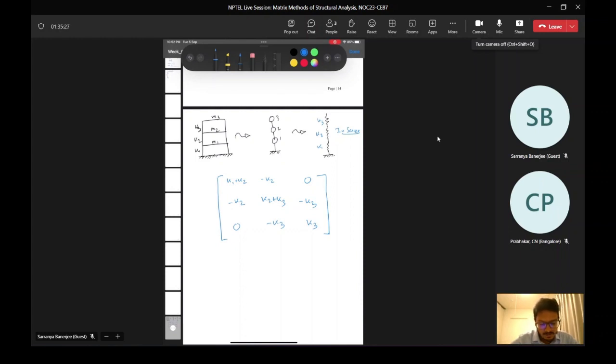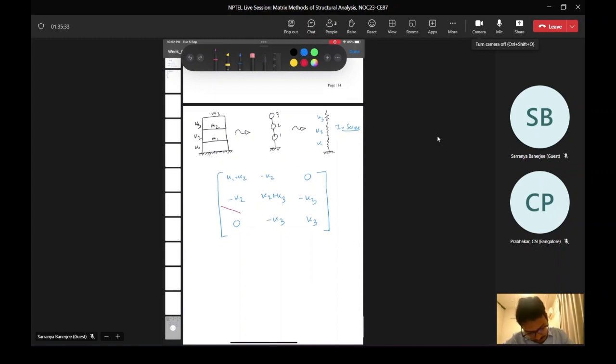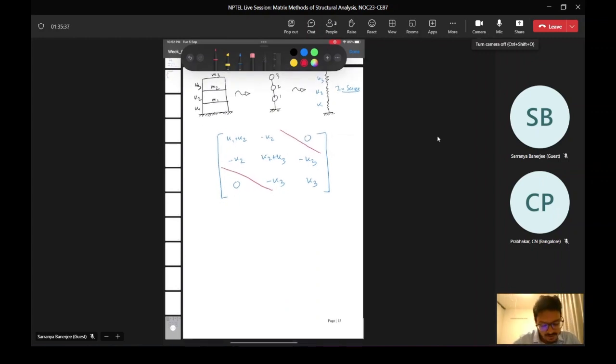Now you see that this is banded. A bigger matrix would show the effect of being banded much more profoundly, but we can find that even this 3 cross 3 matrix is banded.